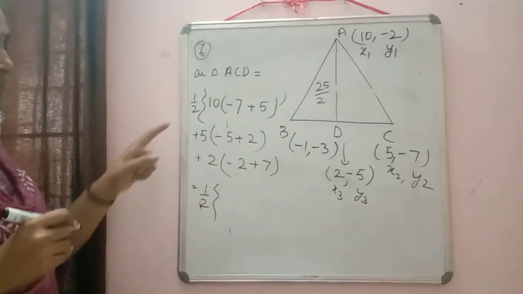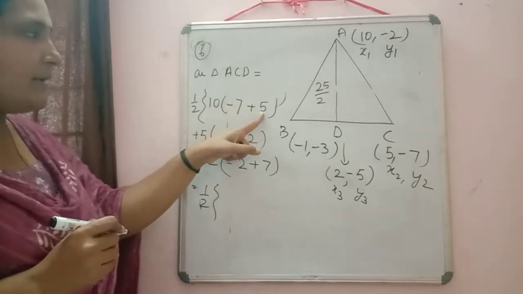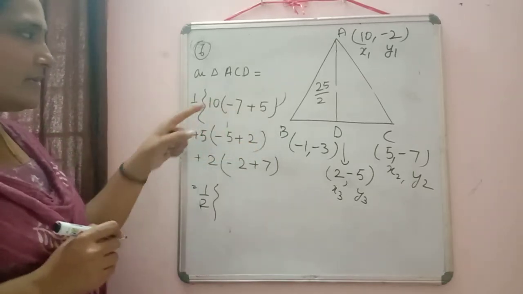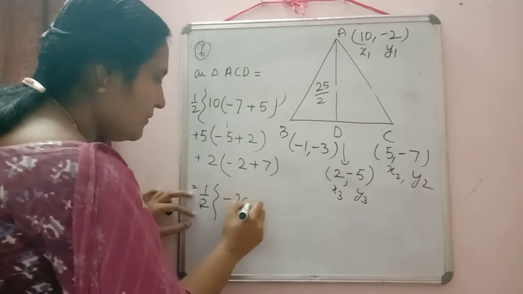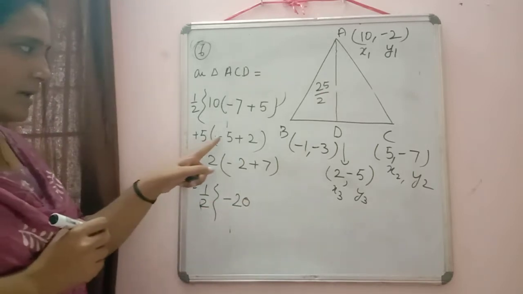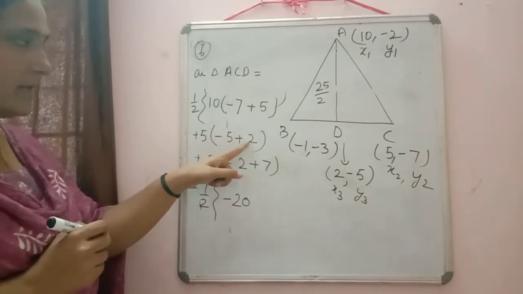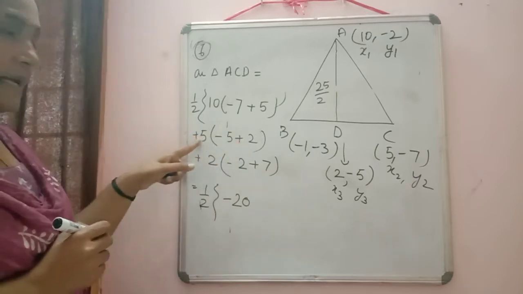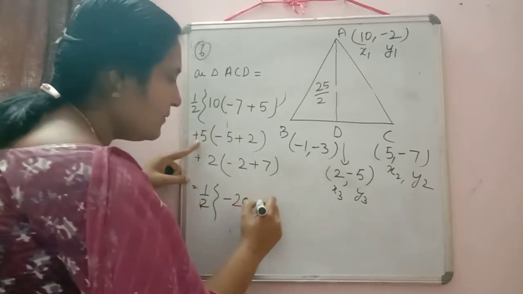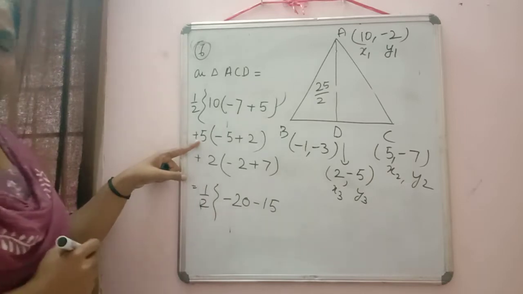Half into minus 7 plus 5 will be equal to minus 2. And 10 into minus 2 will be equal to minus 20. Minus 5 plus 2 will be equal to minus 3. And minus 3 into 5 will be equal to minus 15.